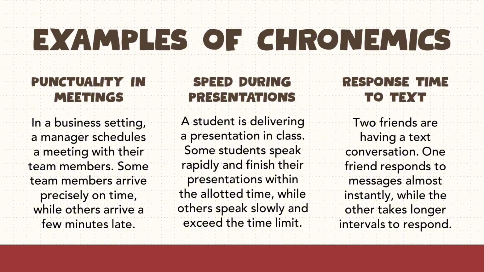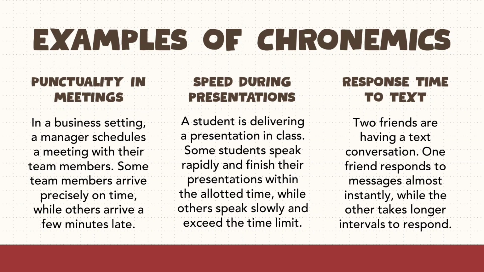Examples of chronemics: punctuality in meetings. In a business setting, a manager schedules a meeting with their team members. Some team members arrive precisely on time, while others arrive a few minutes late. The difference in their timing communicates their respect for schedules and punctuality.